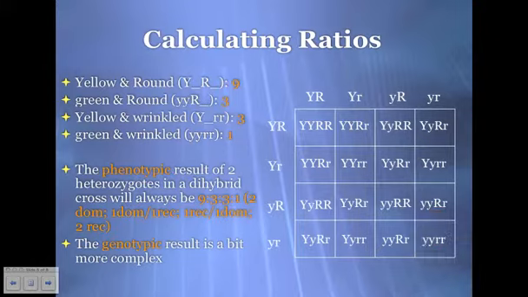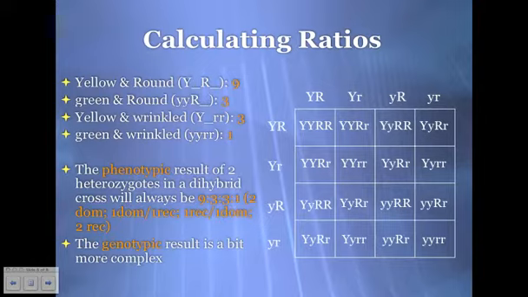In this case, where both parents are dihybrid for both traits, the phenotypic result would be 9:3:3:1. Again, 9 represents 9 out of 16, 3 out of 16, 3 out of 16, and 1 out of 16. In this case of a dihybrid cross, it's a little unlikely that you'd be asked the genotypic ratio because that's a bit more complex.